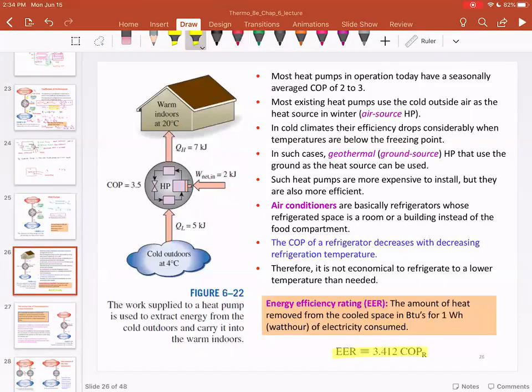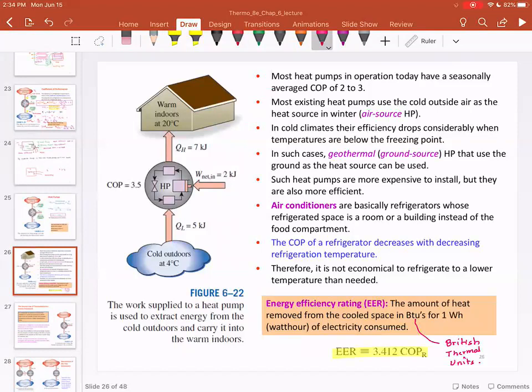Energy efficiency rating is nothing but the amount of heat that is removed from the cooled space in British thermal units, so BTU means British thermal units, for 1 watt hour of electricity consumed.